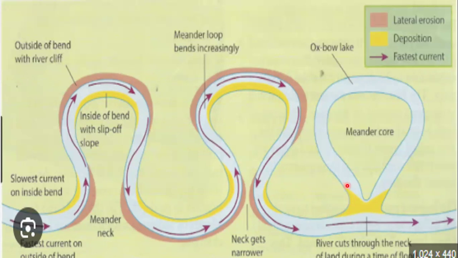Now a time comes when these bends, where deposition has been done tremendously, the ends of the bend, get sealed by the deposition, and the river changes its course. The river changes its direction. So a cut-off lake has been formed here.